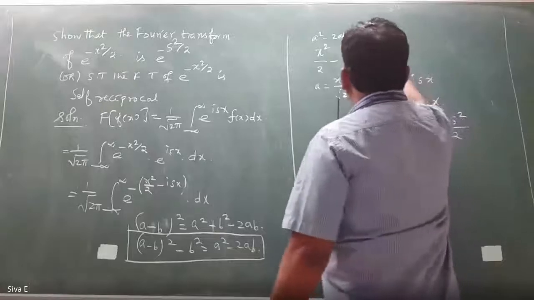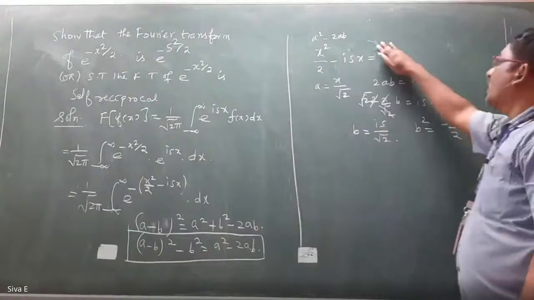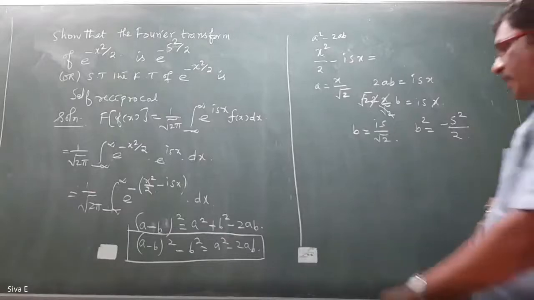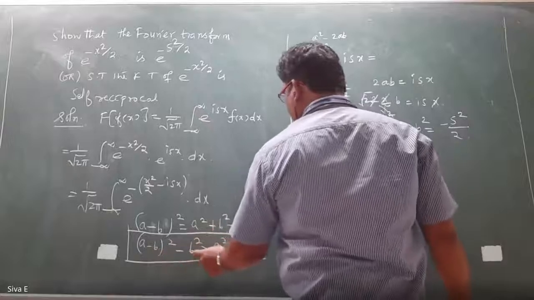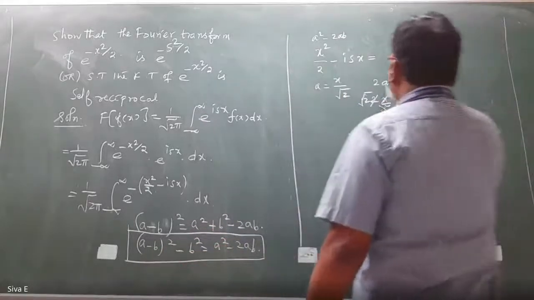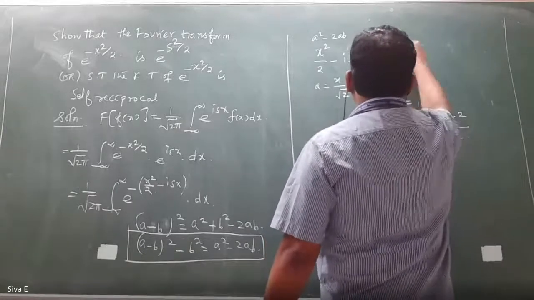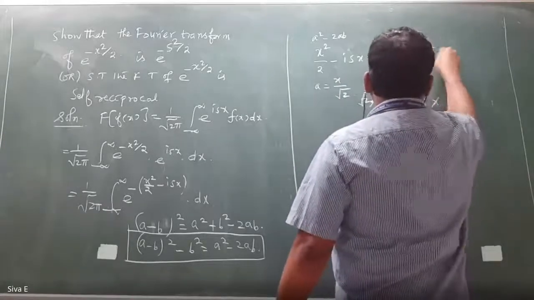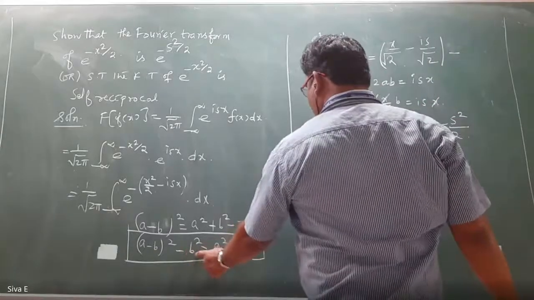I am not asking only for is, I mean this whole term. How can we write this whole term? x square by 2 minus isx can be written as, listen, it is a square minus 2ab, na. So a minus b whole square minus b square. Is it not? So what is a here? x by root 2 minus is by root 2, minus b square.